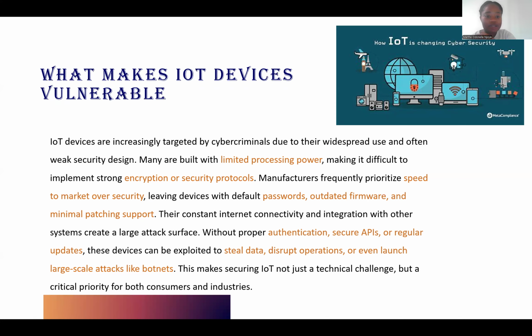Many of these IoT devices are built with limited processing power, making it difficult to implement strong encryption or security protocols. And also, manufacturers frequently prioritize speed of putting the item on the market over security, leaving the device with default passwords or outdated firmware and minimal patching support.